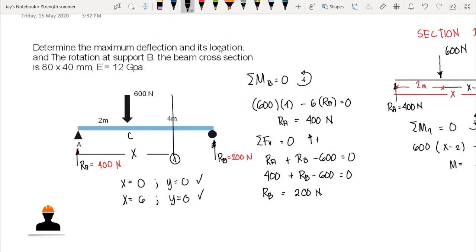So we need to cut it at point A to point C and point C to point B. So this boundary condition would be invalid for the cross section in the equation from C to B, since again our condition is at the support A, in which we should have the equation from A to C. Now, since we are using the Macaulay method, this boundary condition becomes valid for our cut section at this point.